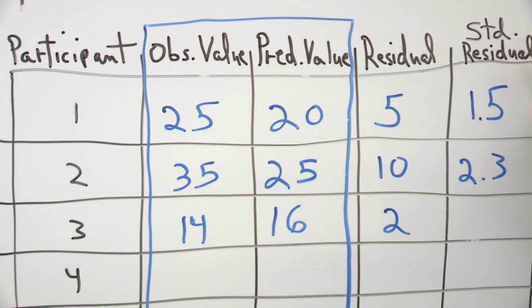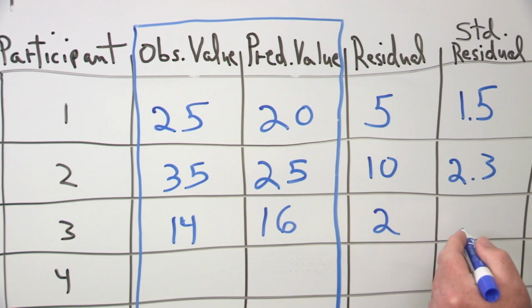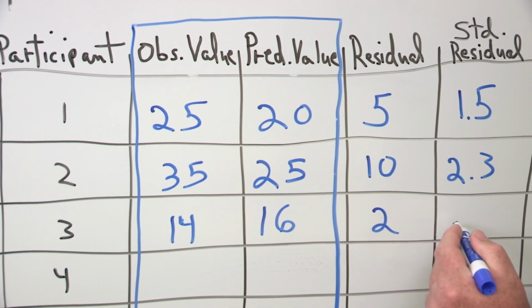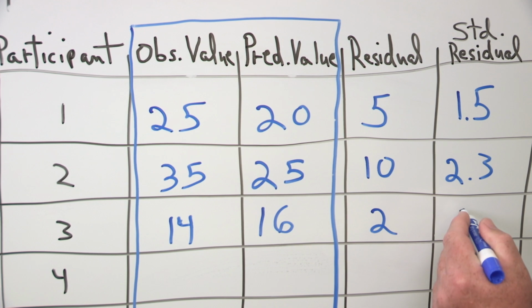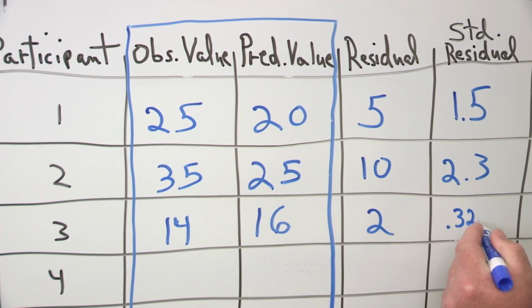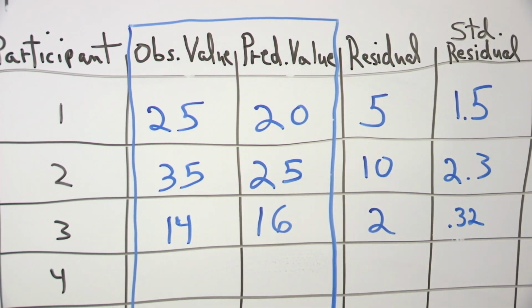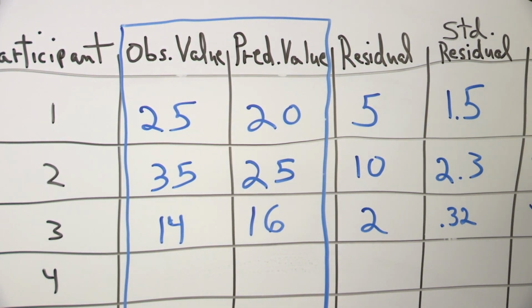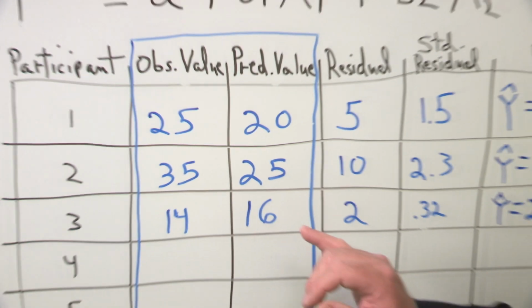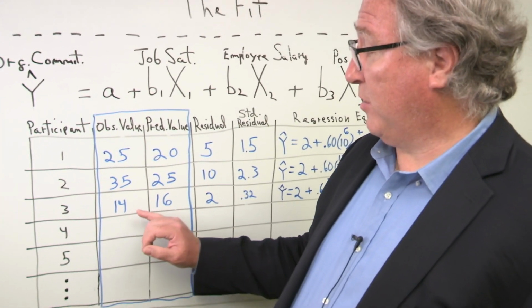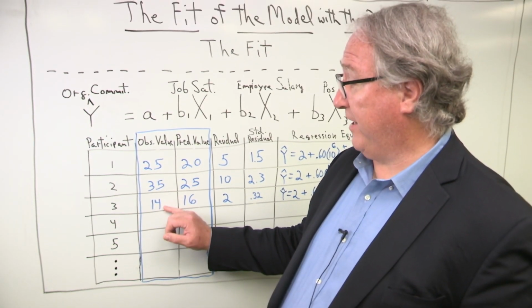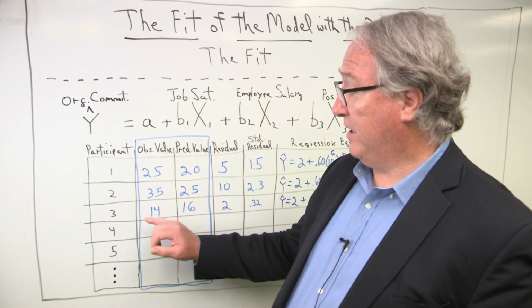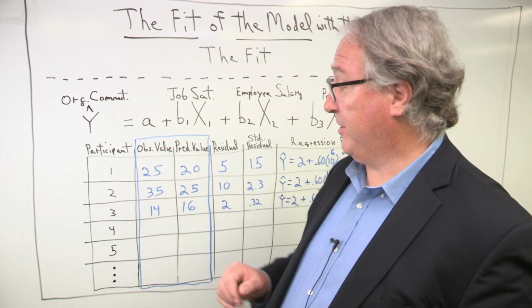And let's say that standardized residual is 0.32. That's a low standardized residual, and we like that because that indicates that the predicted value out of the model is coming quite close to the actual observed value on the outcome variable measure, in this case for participant 3.